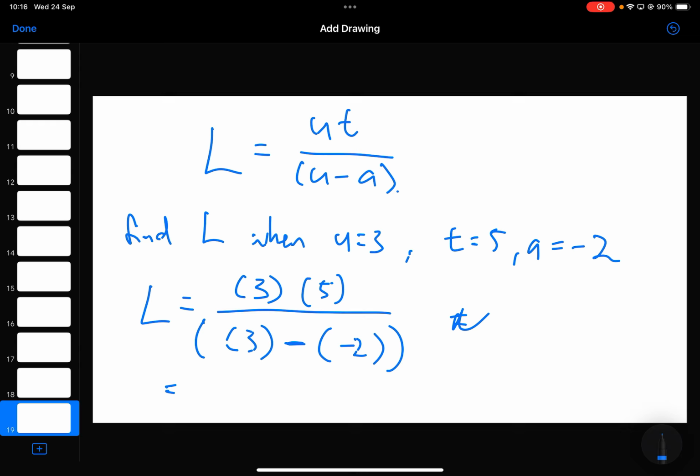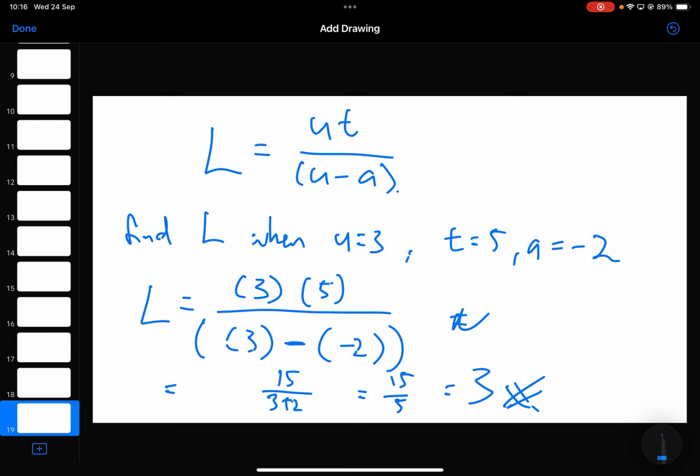Okay? Then you have a calculator, put everything inside the calculator. I don't have a calculator, I must do some working. 3 plus 2, so equals 15 over 5, equals 3. Okay?